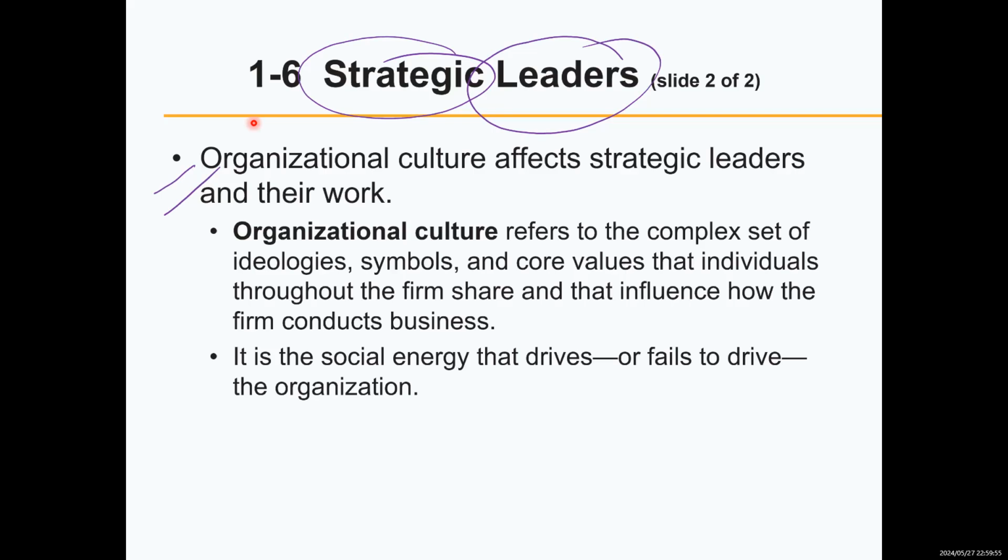For example, the size of the organization also depends. If it is a big company, they have a whole hierarchy of top managers, middle level managers, right? So it depends on the size of the firms. All firms have a CEO, top level managers, and this individual is the primary organizational strategist in every organization.